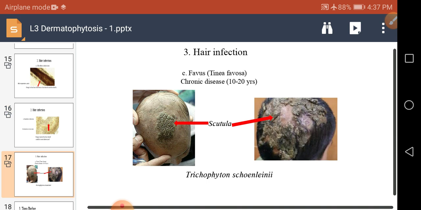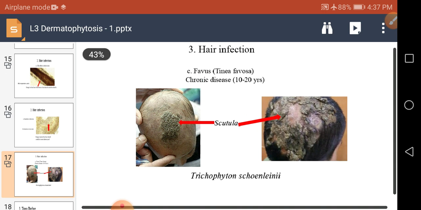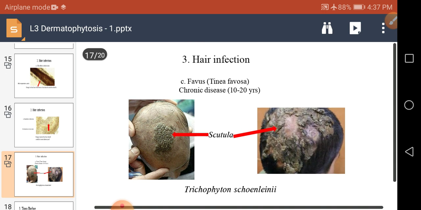The third type of hair infection, favus or tinea favosa. This is a chronic disease which may start during childhood and progress to adulthood. It may take 10 to 20 years. The fungus goes deep into the hair follicle, leading to inflammatory reaction, resulting in yellowish secretion forming crusts.